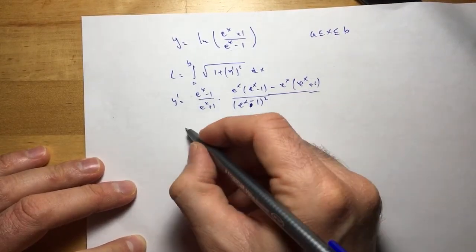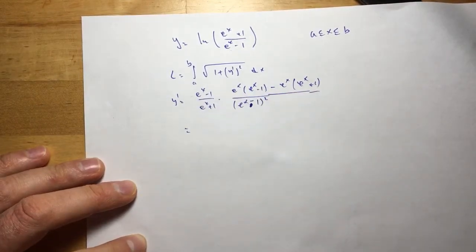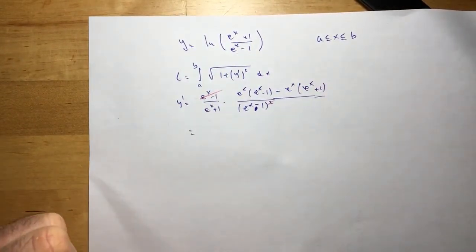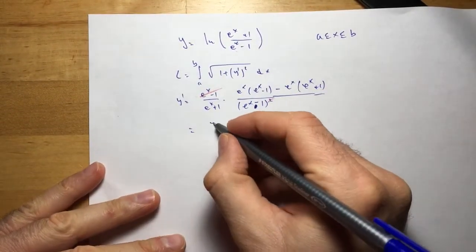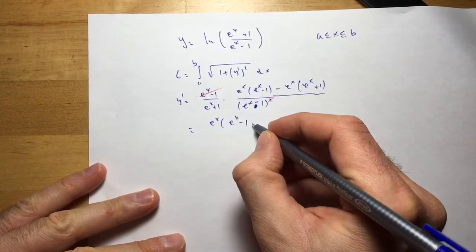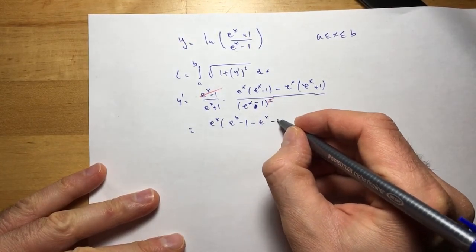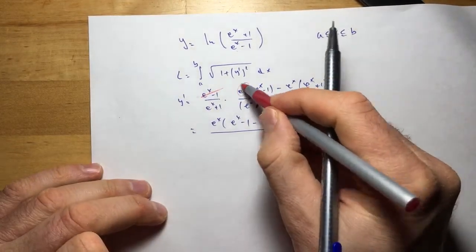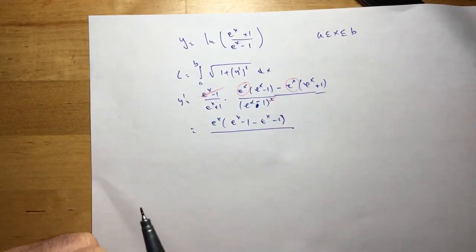Okay, let's see if I can simplify this. First, I cancel these two. Okay, then I factor e^x in the numerator: e^x times (e^x - 1 minus (e^x + 1)), so I've basically factored these, right?